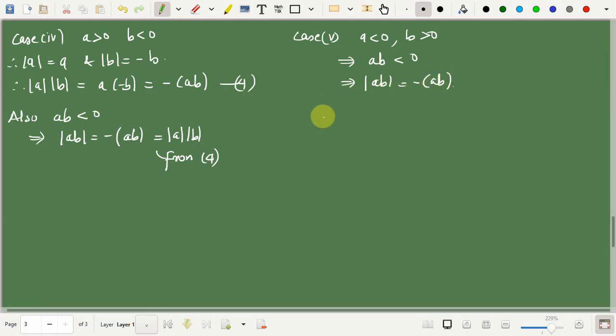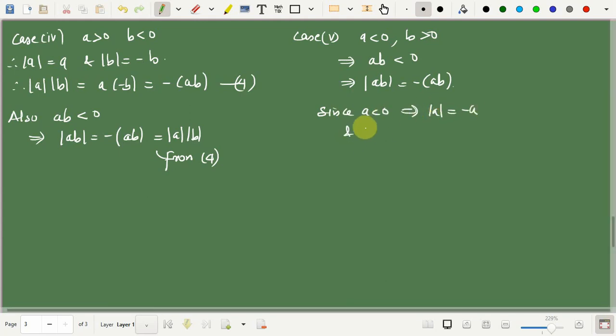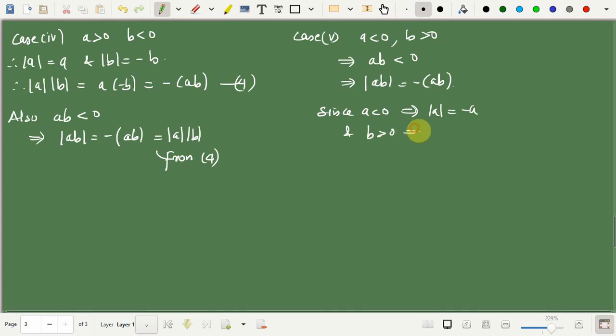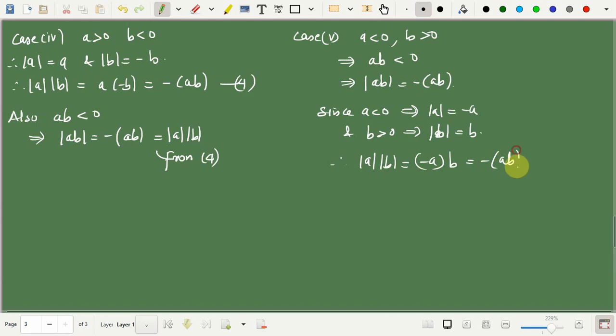And now also since a is negative, mod of a is the same as minus a, and since b is positive, mod of b should be the same as b, and therefore mod of a into mod of b is the same as minus a into b, which can be written as minus of ab, and that's exactly the same as mod of ab. So this is from 5.